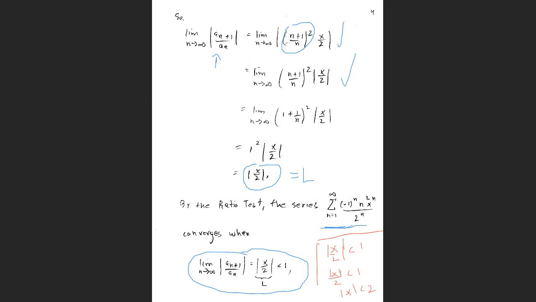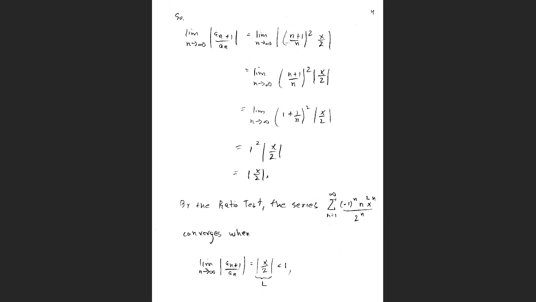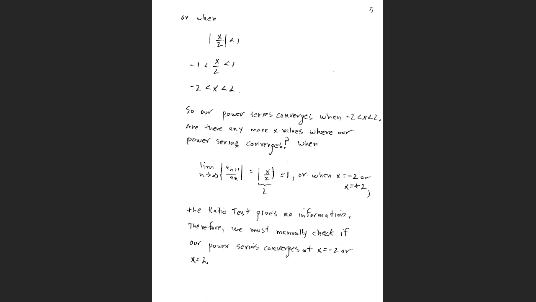Are there any questions? All right. Well, so when we say the absolute value of x over 2 is less than 1, think of it like this.